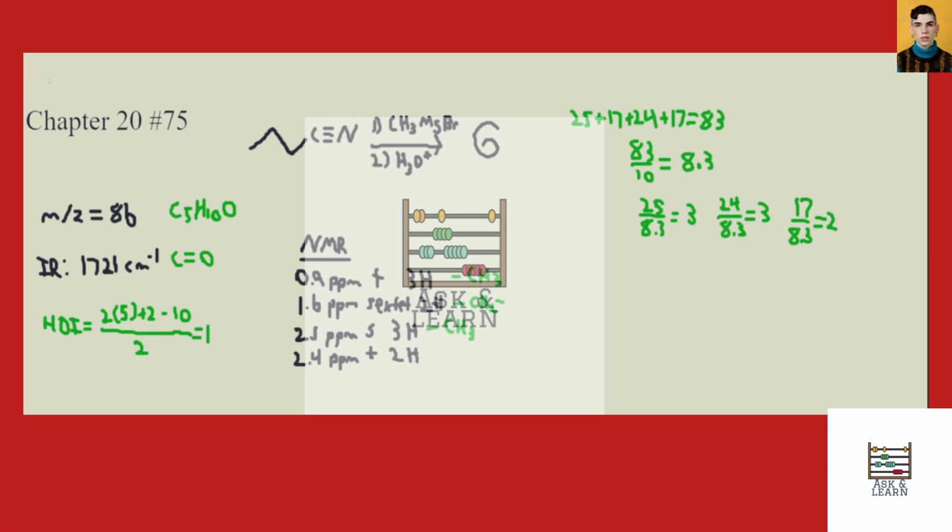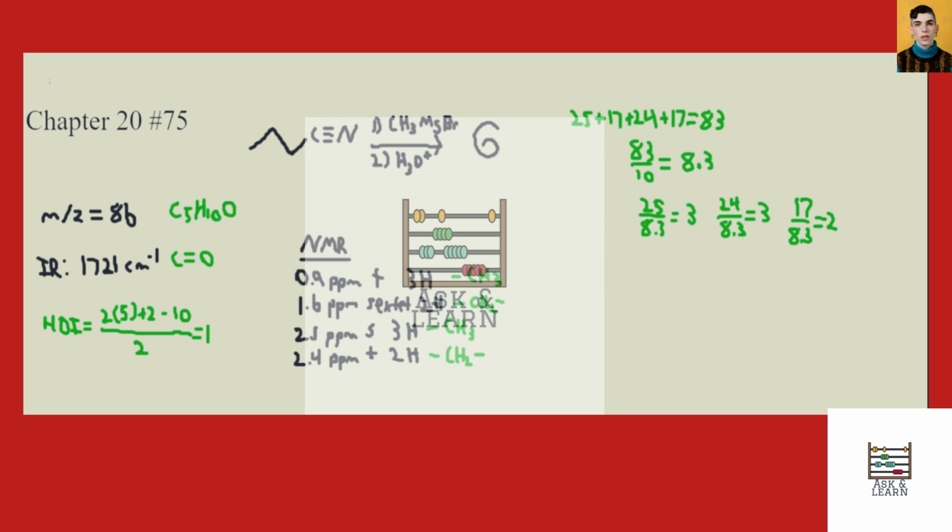And the 2.4 ppm triplet with an integration of 2 is probably another methylene group. So when we take all of this information together, we have 2 methylene groups, 2 methyl groups, 1 more carbon that isn't accounted for in those proton NMR signals, and a carbonyl.